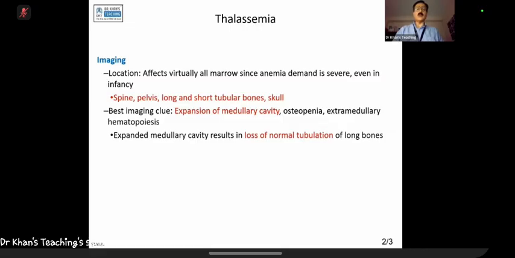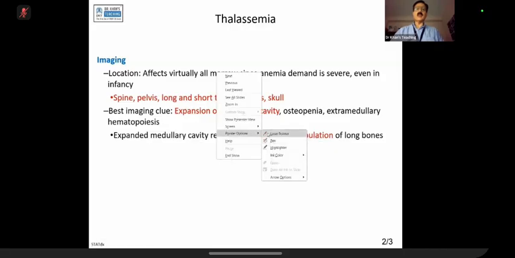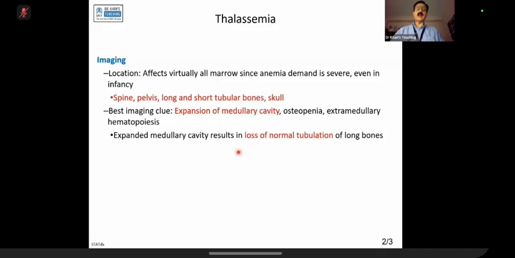If you remember your pathology, you can make your radiology. So what will happen is that there will be expansion of the medullary cavity. Wherever you find manifestation, you will find expansion of the medullary cavity. And the bones will lose their normal tubulation.